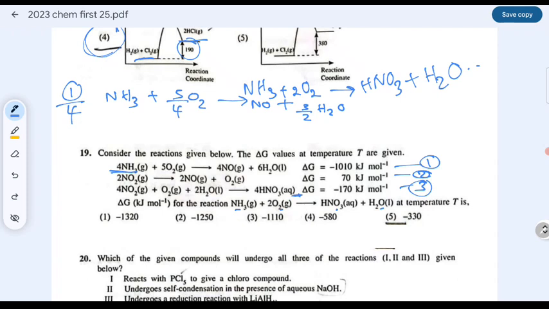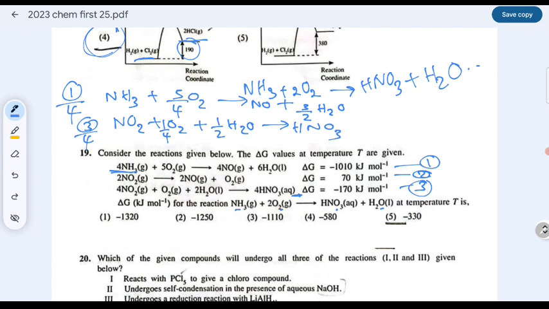So I divide the third equation by 4 and get NO2 plus 1 over 4 O2 plus 1 over 2 H2O gives HNO3.